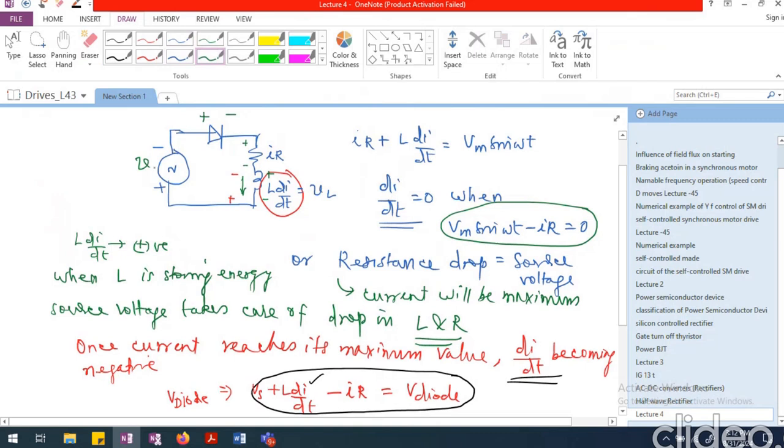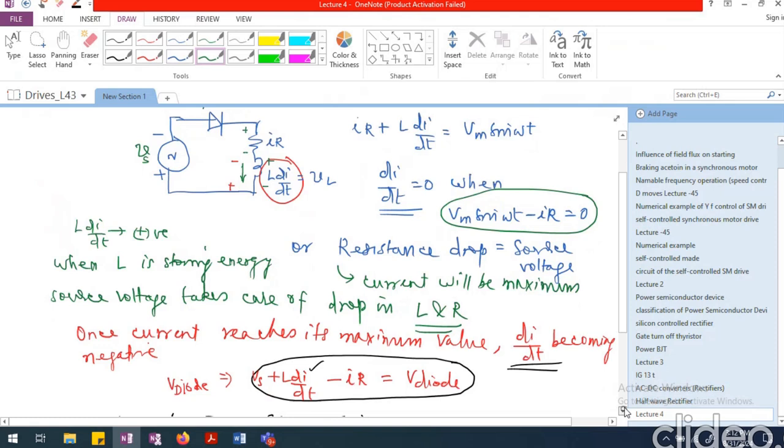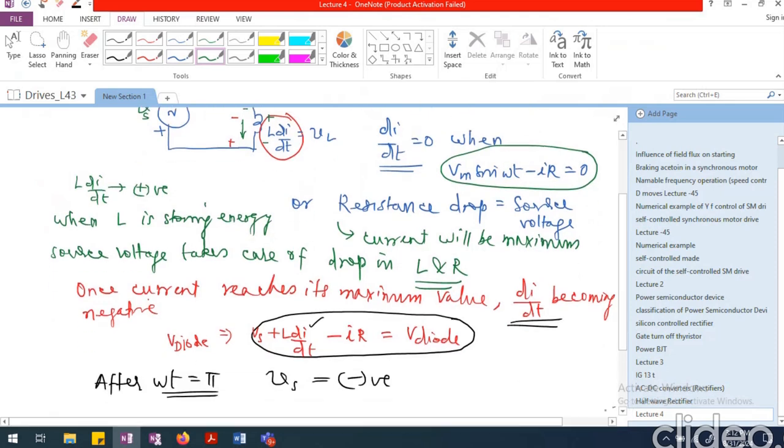This is Vs. So if I am writing the equation again, I should write V diode is going to be equal to L di by dt, which is actually positive, but Vs is going to be negative, and IR drop is also going to be a drain on the energy of the inductance. So this is going to be V diode.